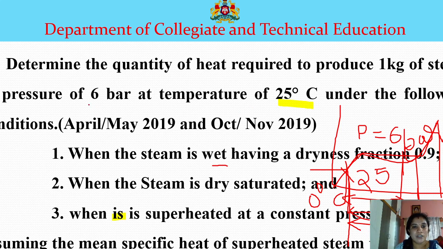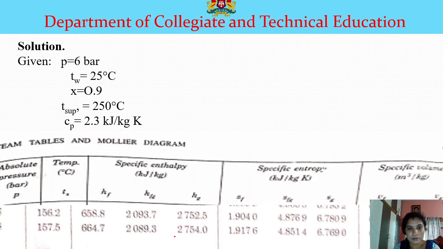So the initial pressure will be 6 bar. The initial temperature is 25 degrees Celsius. For this condition, we need to solve the problem. From the steam table for 6 bar, since this problem is confined to the enthalpy, I'll be looking only at the enthalpy part of the steam table.